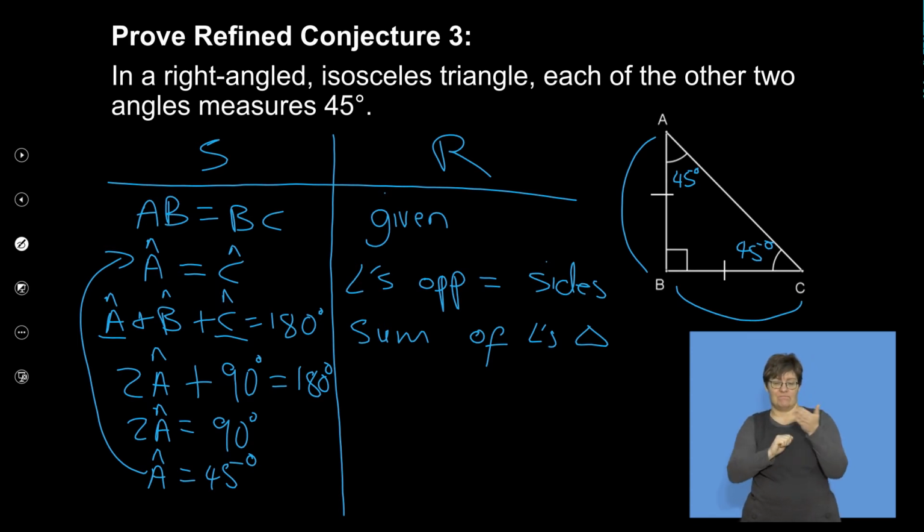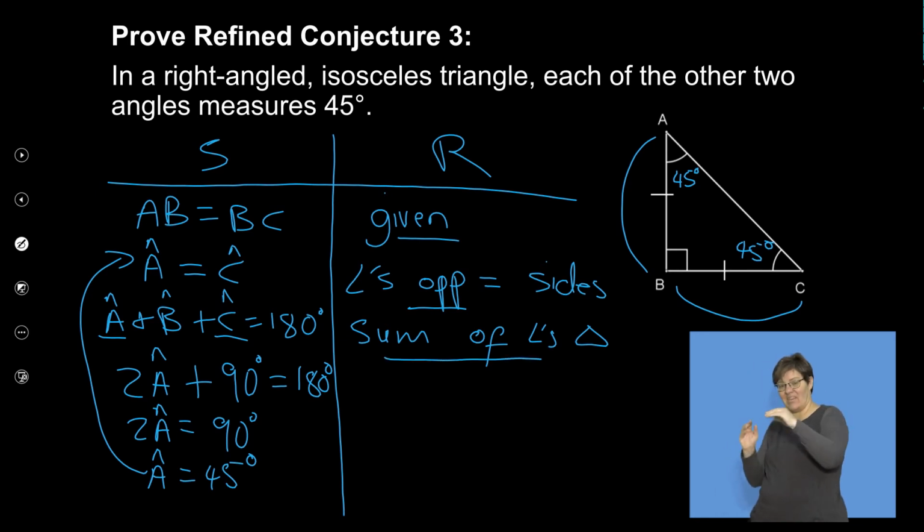Because all of this is me applying the properties. I know this is given. This is a property of an isosceles triangle. It doesn't matter whether it's right angled or not, as long as it's isosceles, then the angles opposite those equal sides will definitely be equal. This is a property that we've spoken about in this lesson where we say sum of angles in a triangle must be equal to 180 degrees.